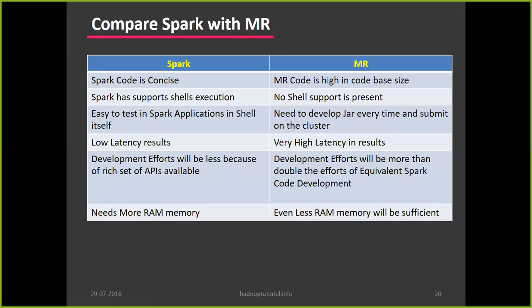And how about the compatibility with the previous versions? Because we had some previous versions, and then you get the latest versions, right? With Spark, it's just the API getting changed.